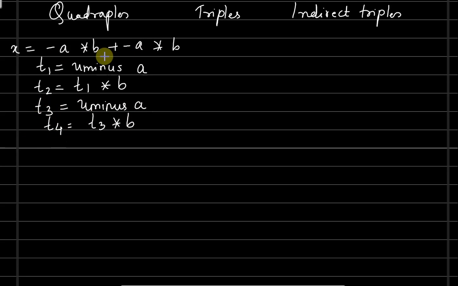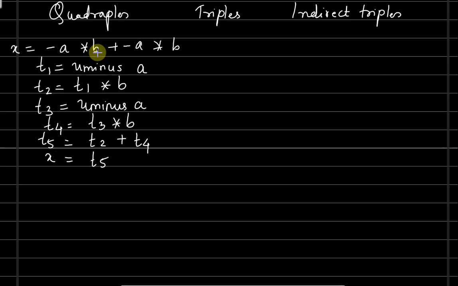So we have computed this, we have computed this. Then t5 is equal to, this value is there in t2 and this value is there in t4, so it is t2 plus t4. Fine. So this is three address code. And then finally, once this evaluation is done, you just write x is equal to t5. So these are the three address code statements for this expression.